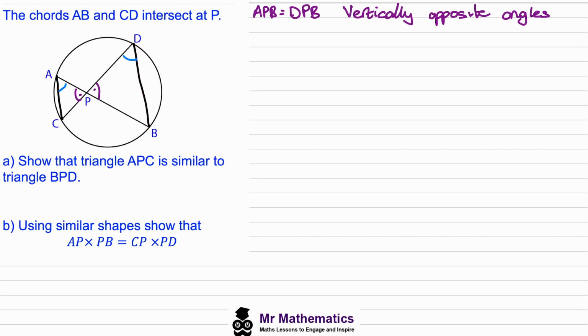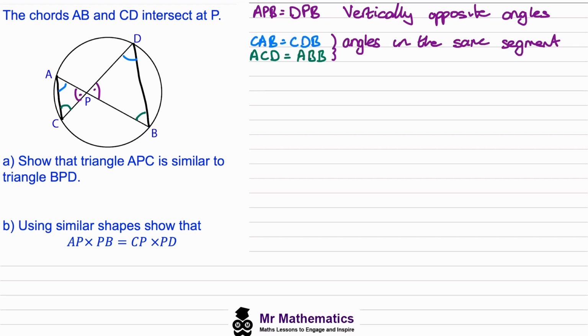And we can use the same idea for the angle at C and the angle at B. So these blue angles are equal and the green angles are equal for the same reason that angles in the same segment are equal. So we've proven that this triangle is mathematically similar to this triangle.